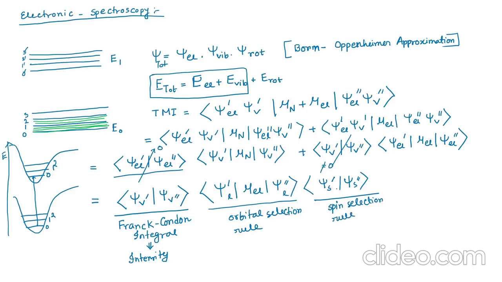And you already know that your delta S should be 0, and obviously delta M, the spin angular momentum along the z axis, should be 0. This is your spin selection rule.